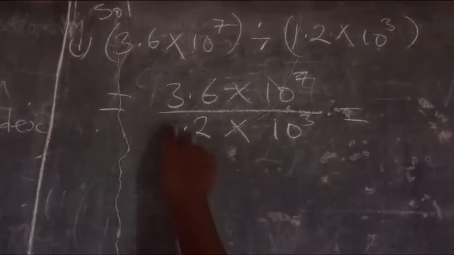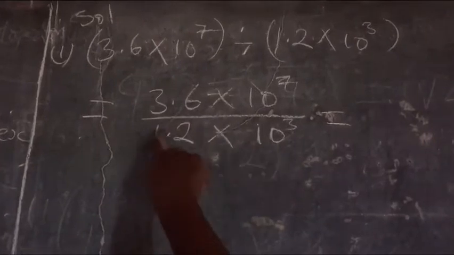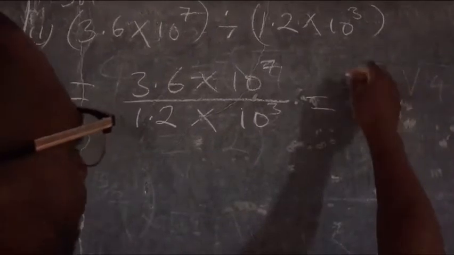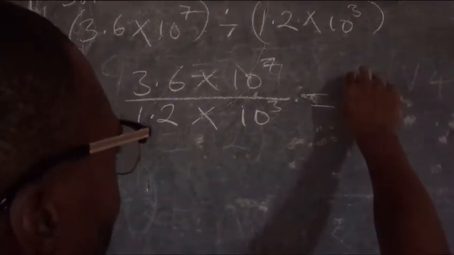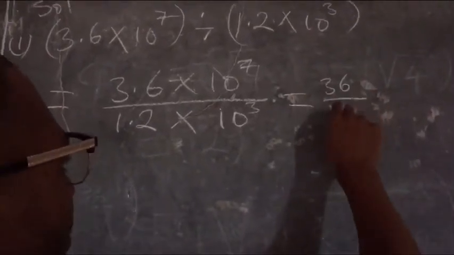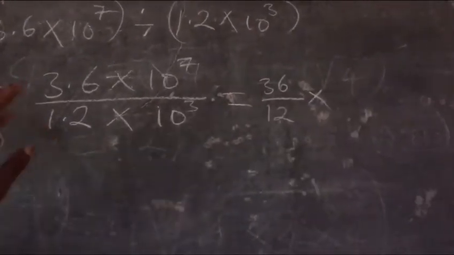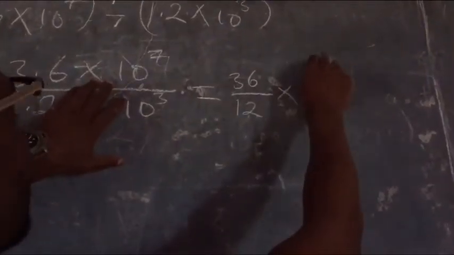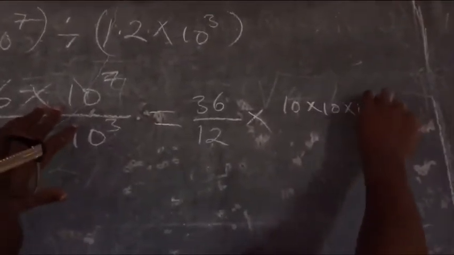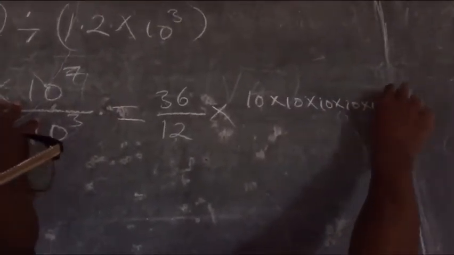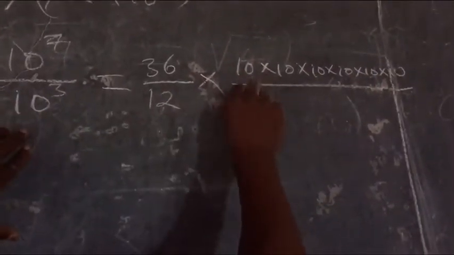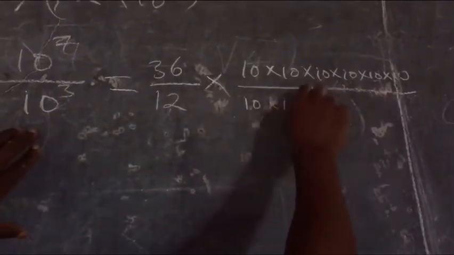If we come out to this point, we'll get 36 over 12. 36 divided by 12, we'll get 3. We can do it like this: 36 divided by 12, times 10 times 10 times 10 times 10 times 10 times 10, then I divide by 10 times 10 times 10.